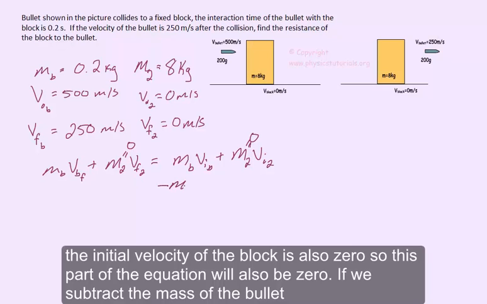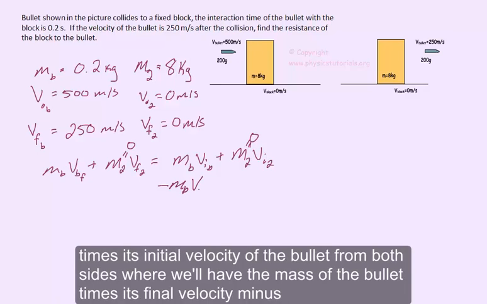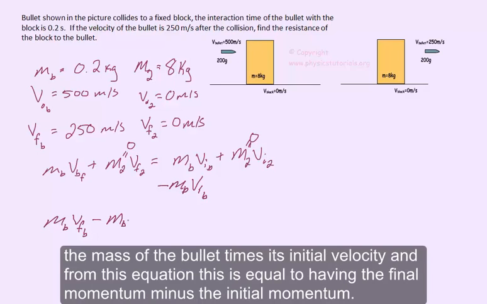If we subtract the mass of the bullet times its initial velocity from both sides, we'll have the mass of the bullet times its final velocity minus the mass of the bullet times its initial velocity. And this is equal to the final momentum minus the initial momentum.